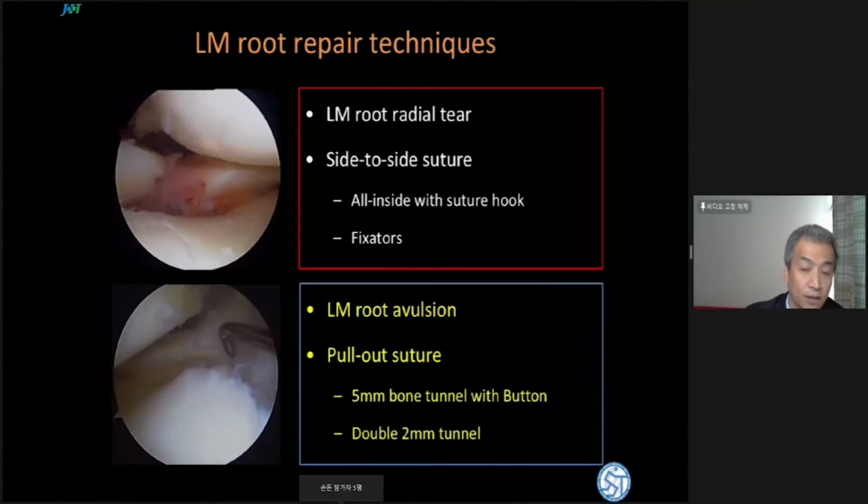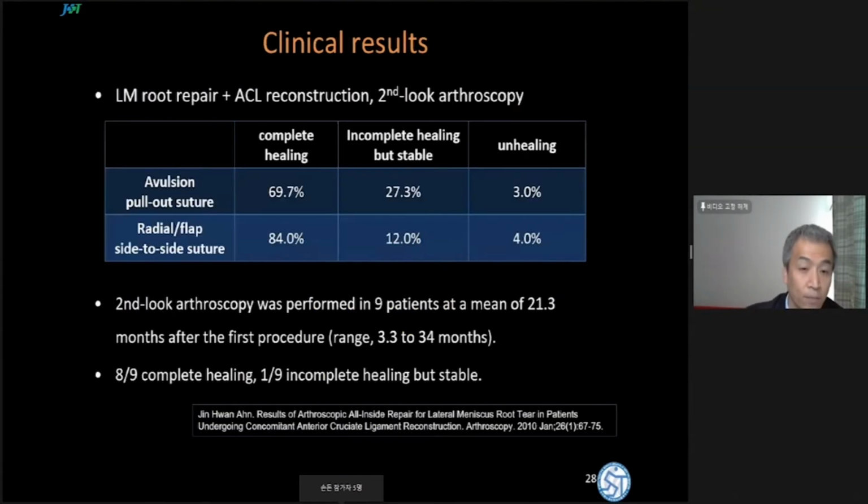So we have different types and different techniques to repair this area. We can use the side-to-side suture technique, or we can use a pull-out suture technique. And we also have the clinical results, which show a very high healing rate of this area. For the avulsion patients, we perform the pull-out suture technique.